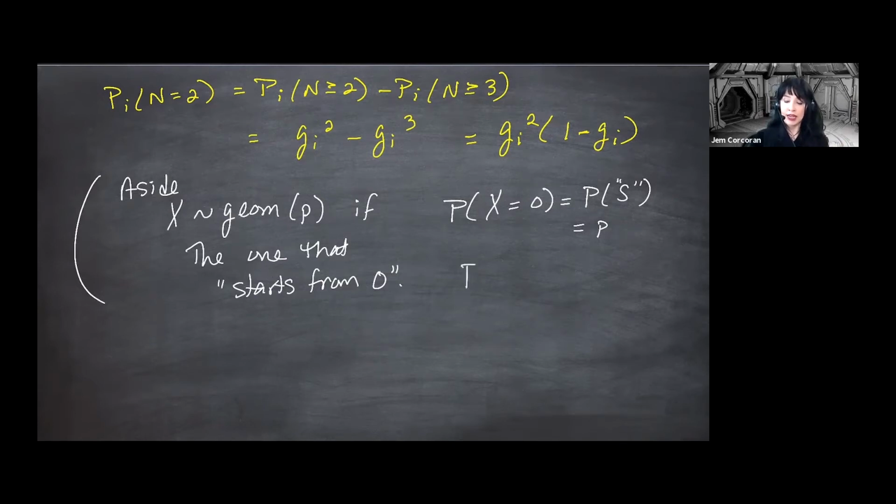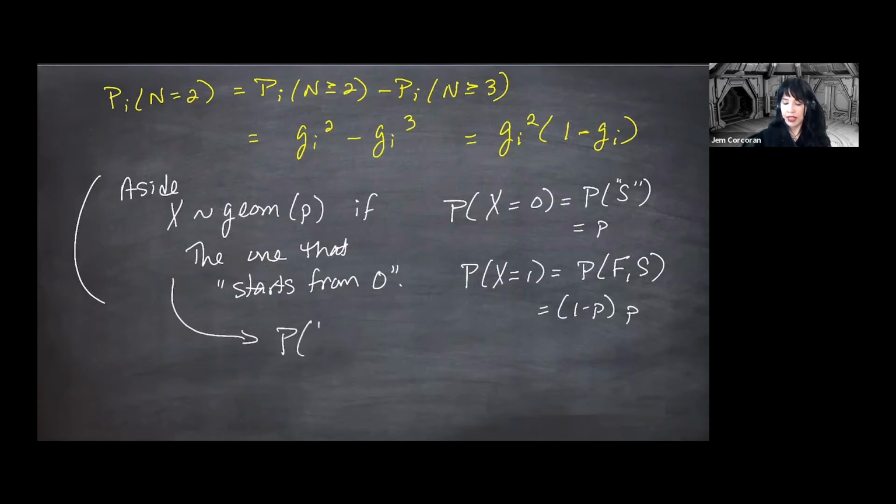The probability that x is 1 is the probability of a failure, then a success. So this is 1 minus p times p. And it's pretty easy to figure out that the probability that x equals x for this geometric is 1 minus p to the x times p, for x equals 0, 1, 2, on up.